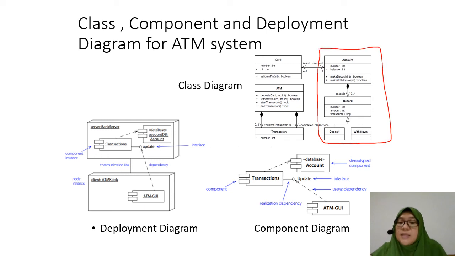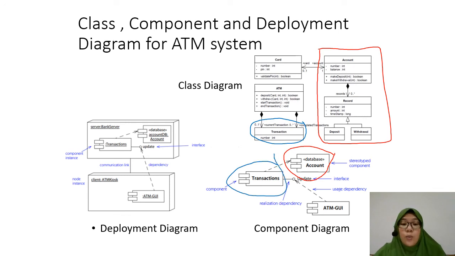has actually been simplified to just that, right? And you have your transactions here, right, representing a transaction component, right? And your card and your ATM are represented by this GUI here.